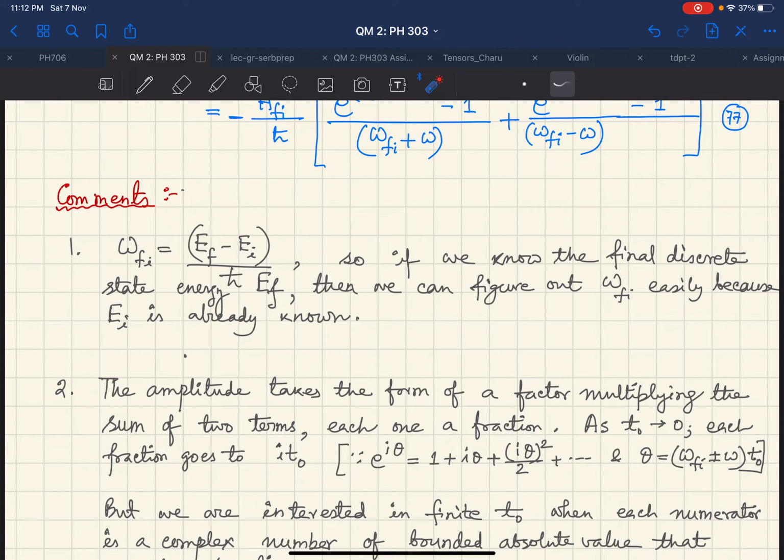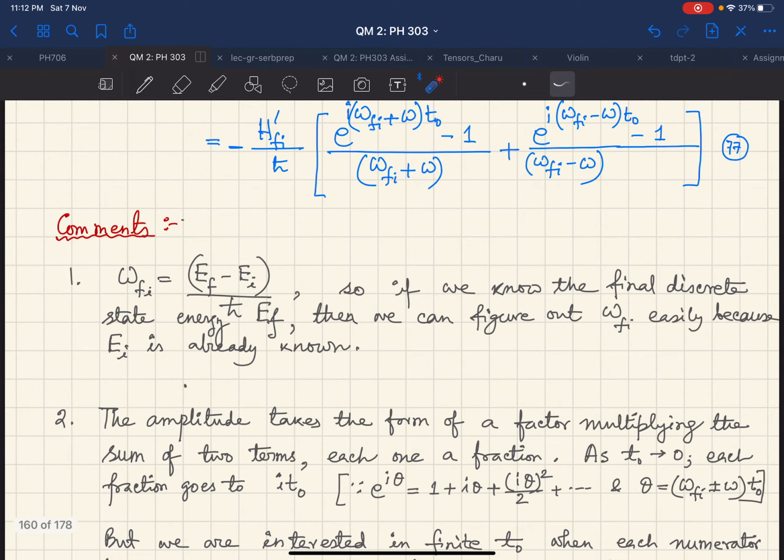But then your theta has this multiplicative factor of T0, and T0 is very small, T0 almost goes to 0. So therefore I can safely ignore these terms. So e to the power I theta should only contain the first two terms. And this one will therefore cancel with this one.